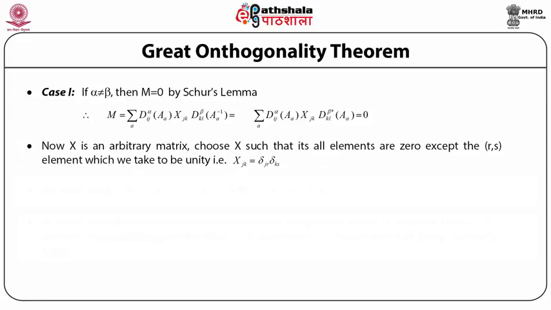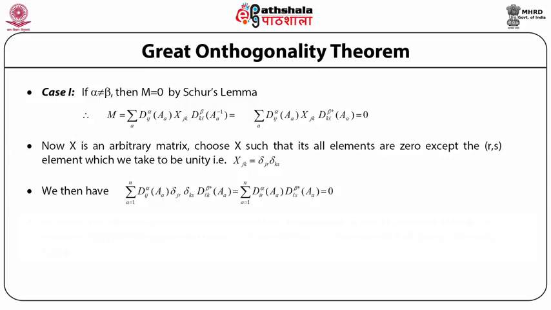Now, X is an arbitrary matrix. So let us choose X such that all its elements are 0, except the Rth element, which we take to be unity. Therefore, xjk is equal to delta jr delta ks. That is, unless j is equal to r and k is equal to s, all the other elements of this arbitrary matrix are 0. We then have sum over all the elements of D alpha ij(A) delta jr delta ks D beta star lk(A).